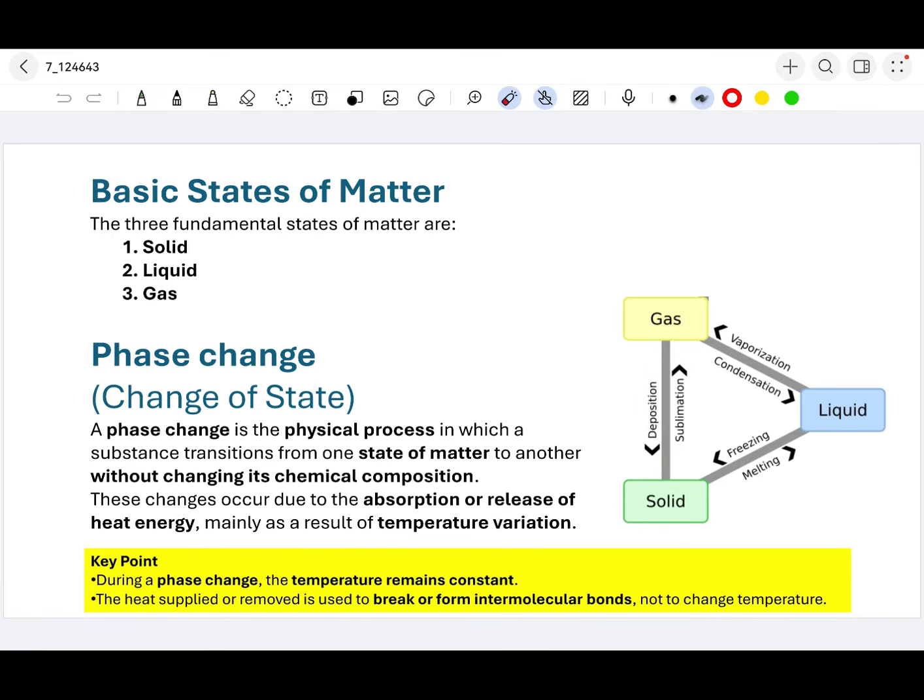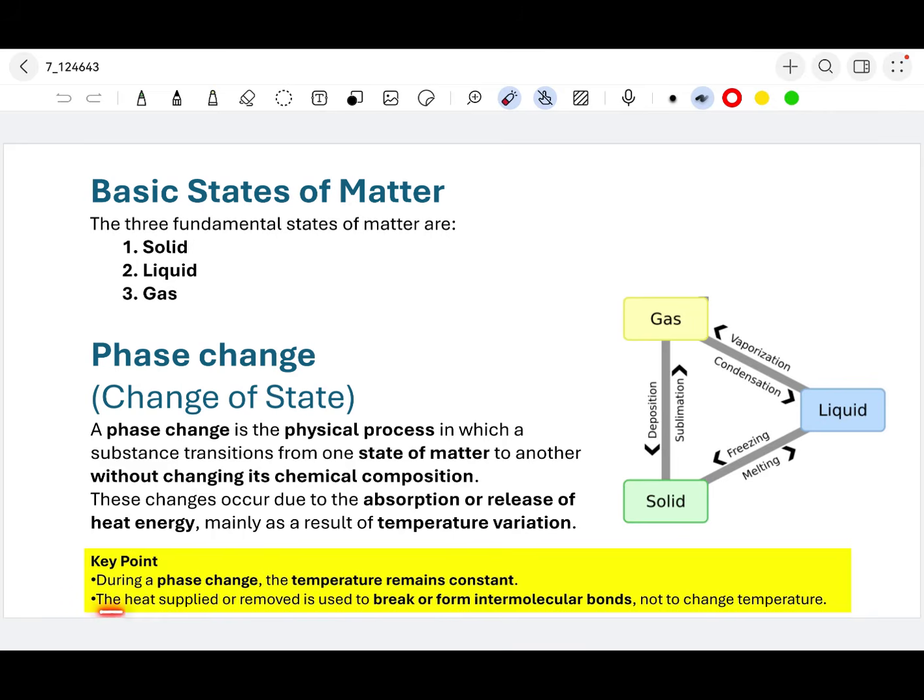Okay, so one important point we have to remember, that is, during a phase change, whether solid to liquid or liquid to gas or solid to gas, the temperature remains constant.